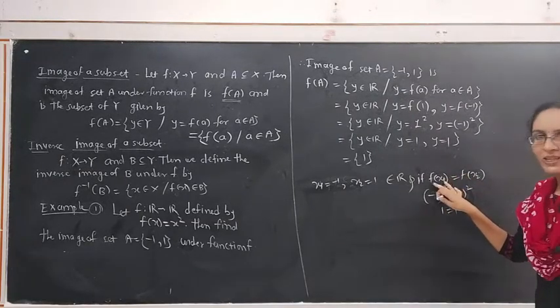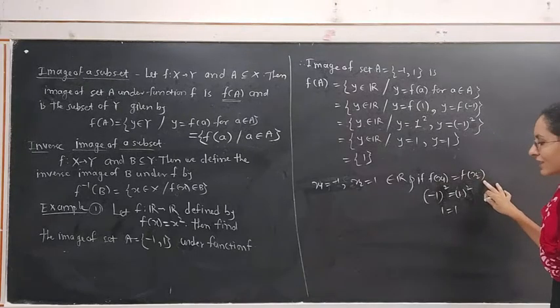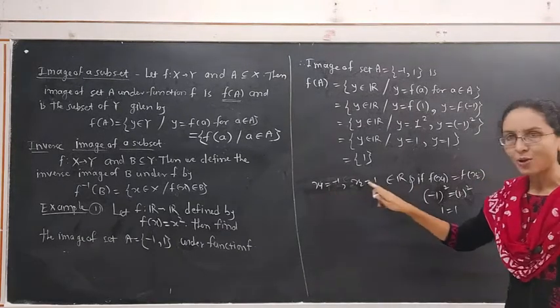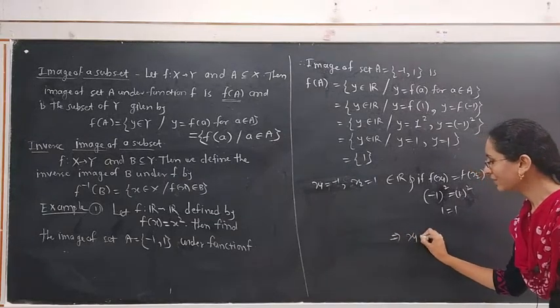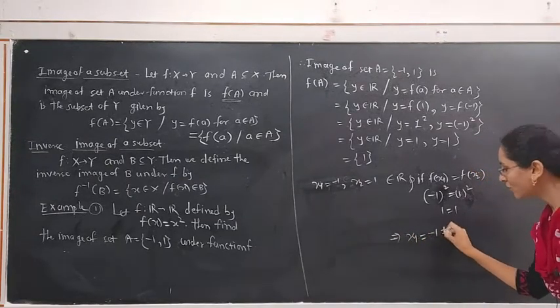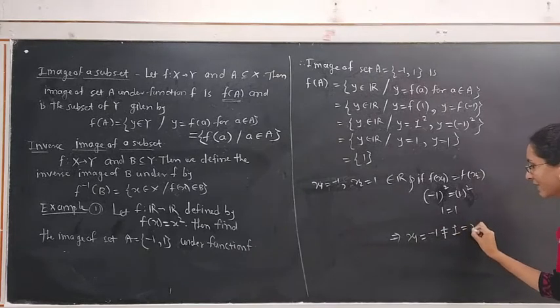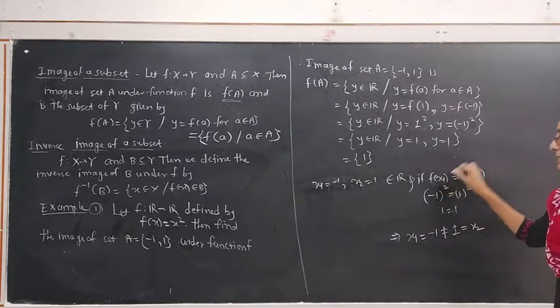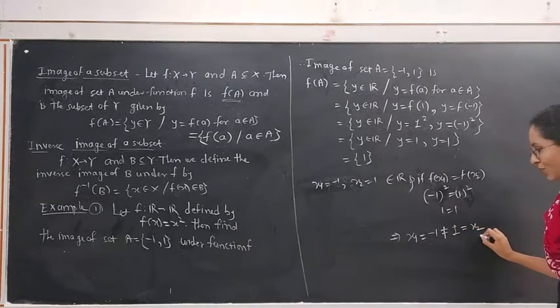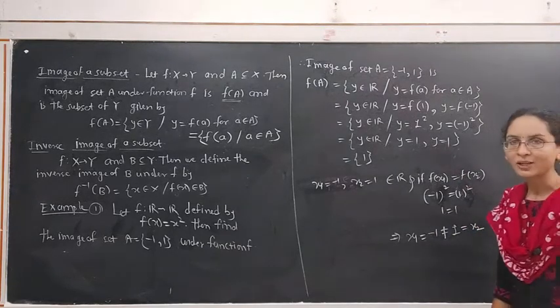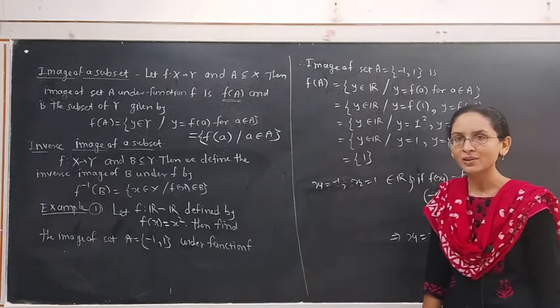Therefore, f of x1 is equal to f of x2, but x1 is not equal to x2. This implies x1, which is minus 1, is not equal to 1, which is the value of x2. Therefore, the function is not a one-one function, hence it is not bijective.